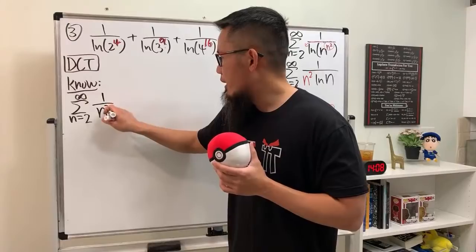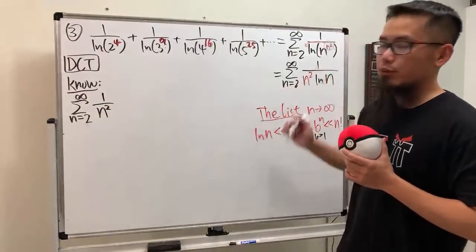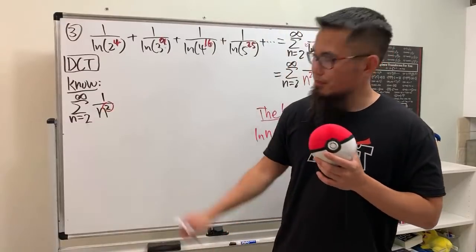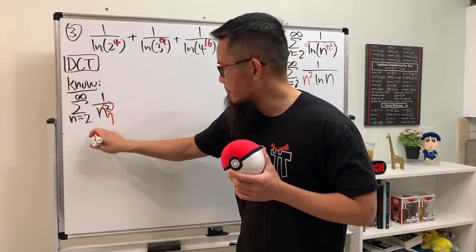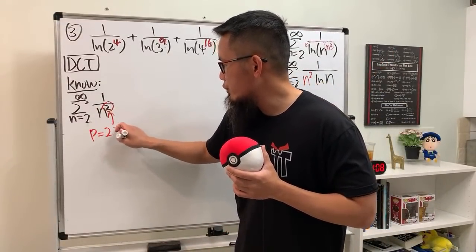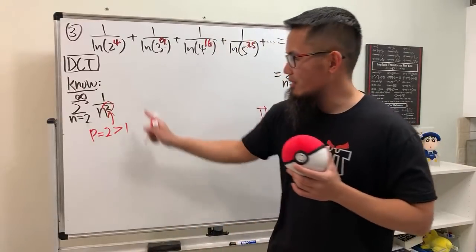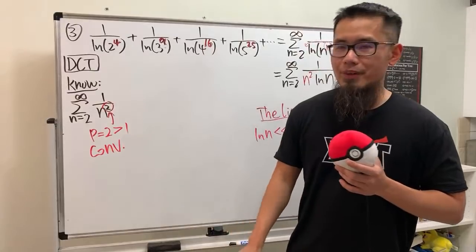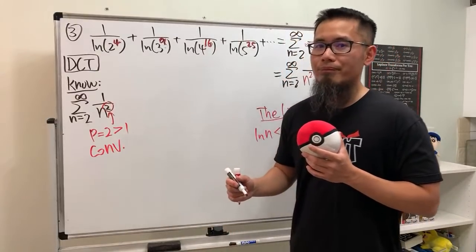Anyway, 1 over n squared here. You will see this guy is the p, which is 2, which is greater than 1. Therefore, this series converges. So that's what we know.